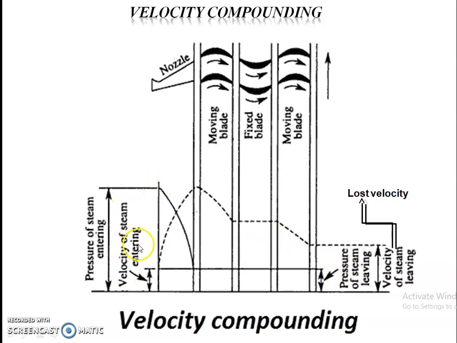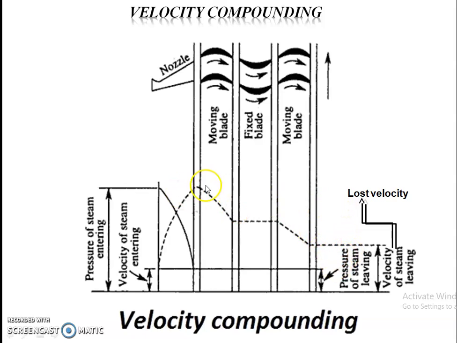The velocity of the steam entering the nozzle rises to a high value. At the moving blade the velocity decreases. At the fixed blade there is no change. Again the steam goes to the moving blade, and the velocity is reduced again. In the De Laval turbine the velocity is reduced by 10 to 12 percent, so kinetic energy is reduced.